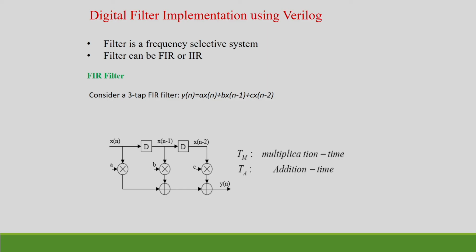So, how do we implement a digital filter using Verilog? We know that a filter is a frequency selective network. It selects some frequencies and rejects the remaining frequencies, based on whether it selects low frequencies, high frequencies, a band of frequencies, or rejects a band of frequencies. We have basically 4 types of filters: low pass, high pass, band pass, and band reject.